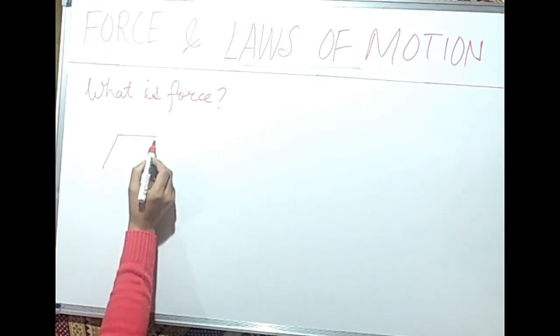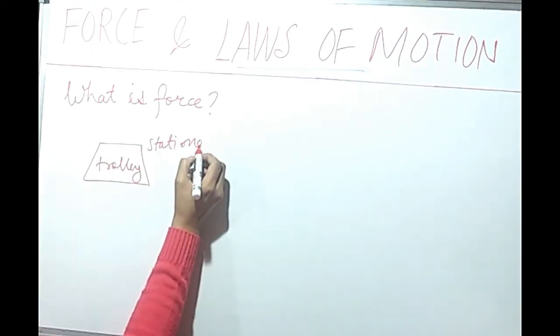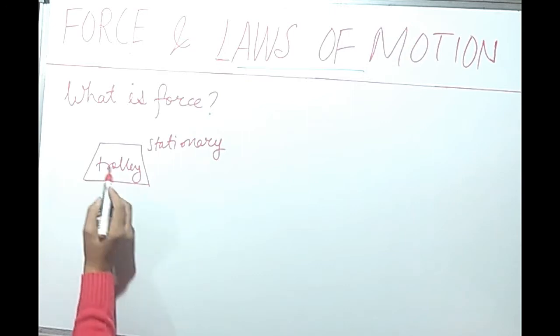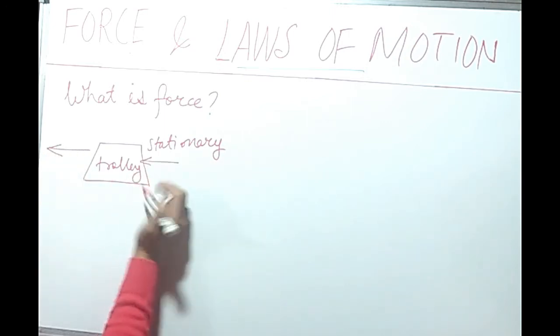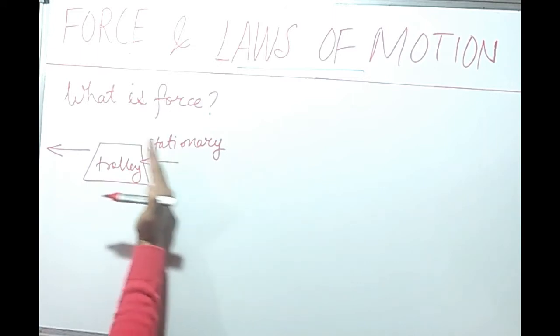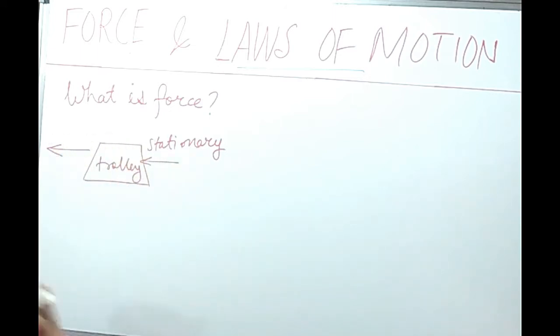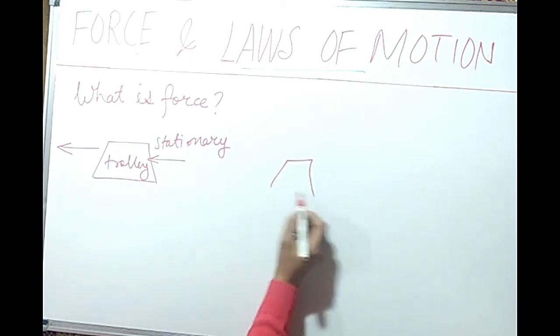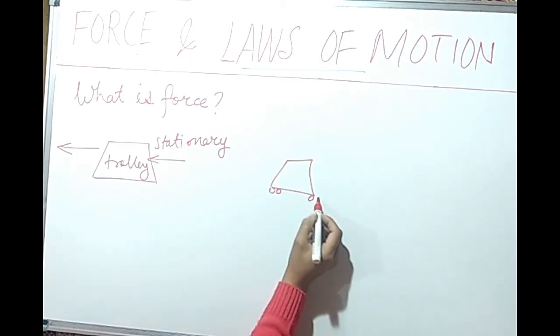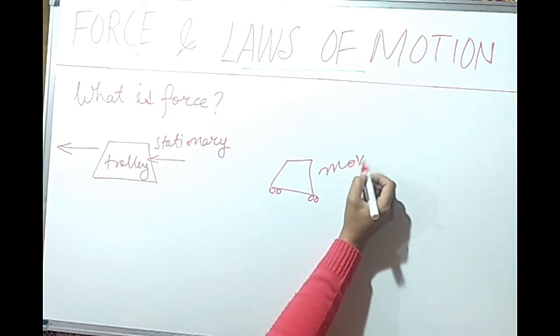Suppose there is a trolley. To move it in the forward direction, we apply some force here. We apply some effort here to move this trolley in the forward direction. Next object, we have a car. This car is a moving car.